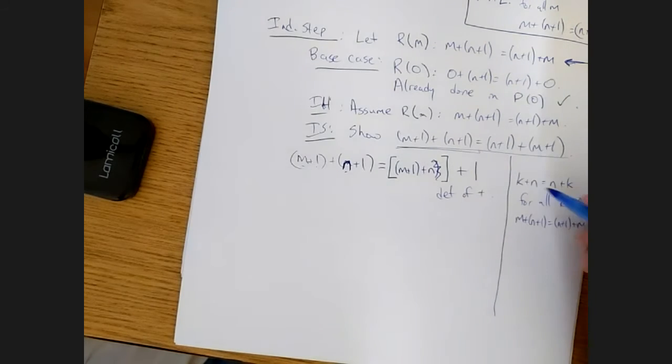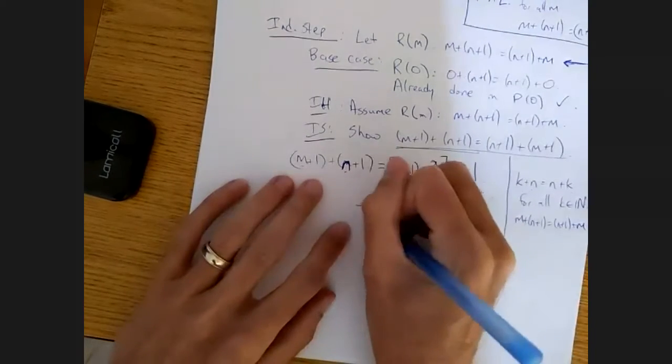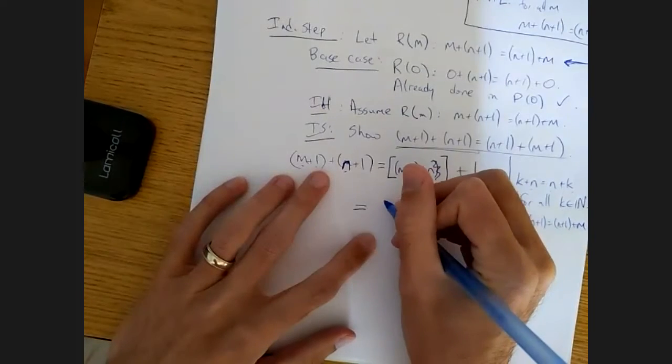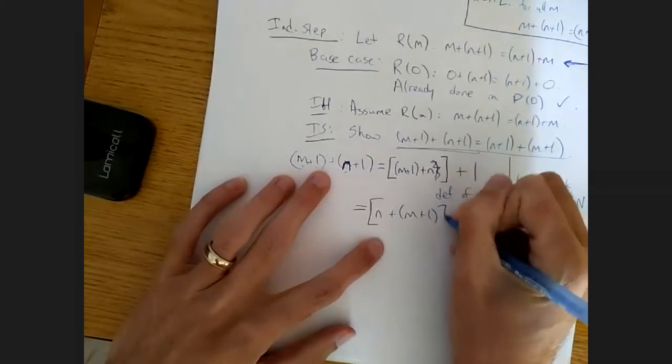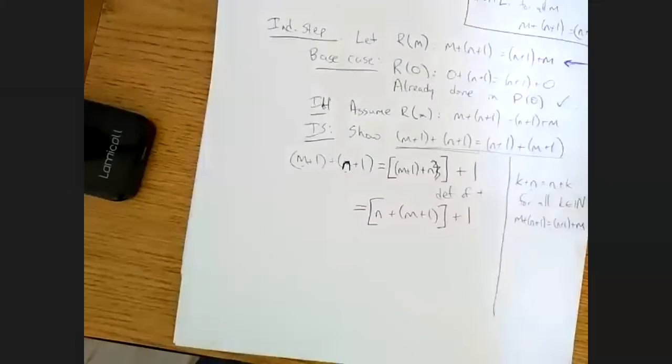Now we know for all k that k plus n equals n plus k. So this is really the same as n plus m plus 1, plus 1.